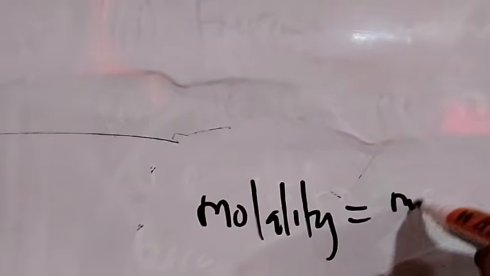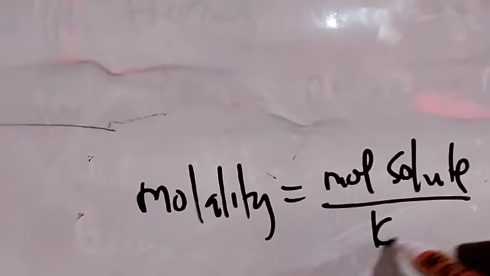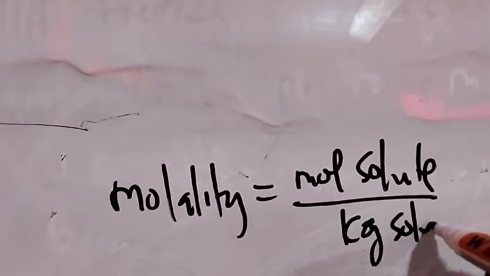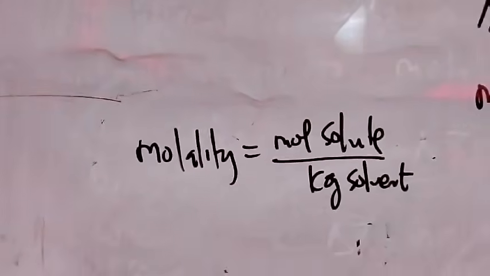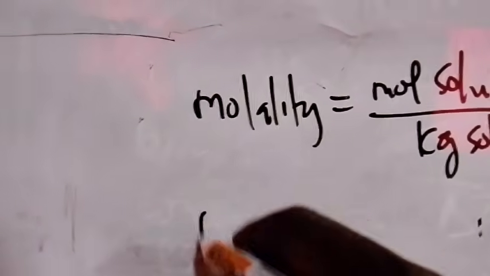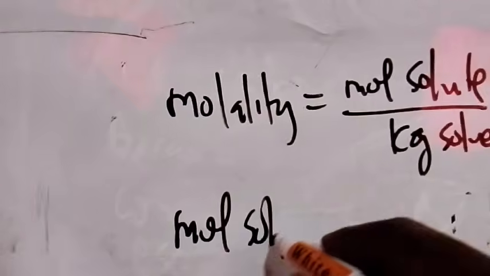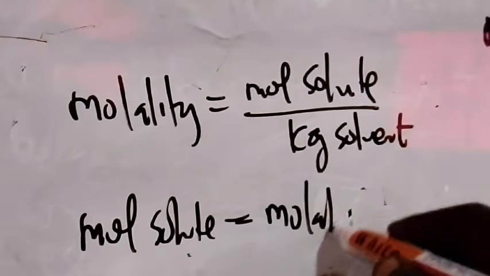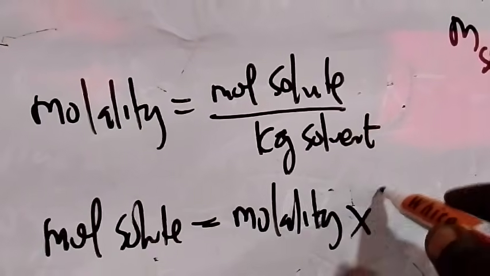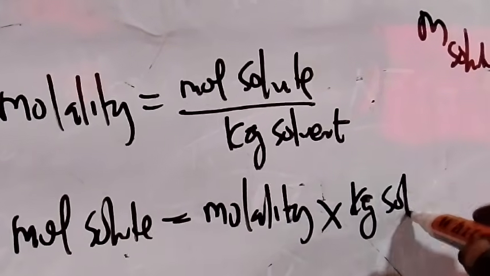Okay, so we know that molality is equal to mole solute over kg solvent. That we know. Then now what we need here is the number of moles. Okay, so mole solute is equal to molality times kg solvent.